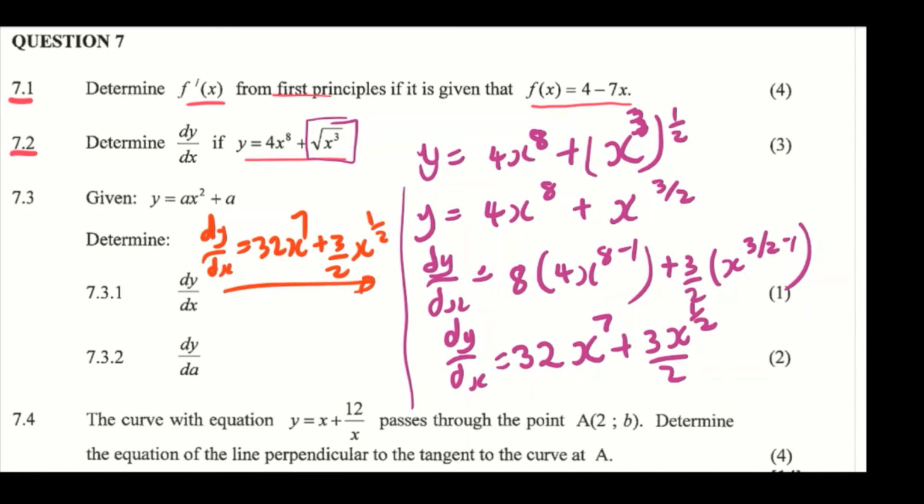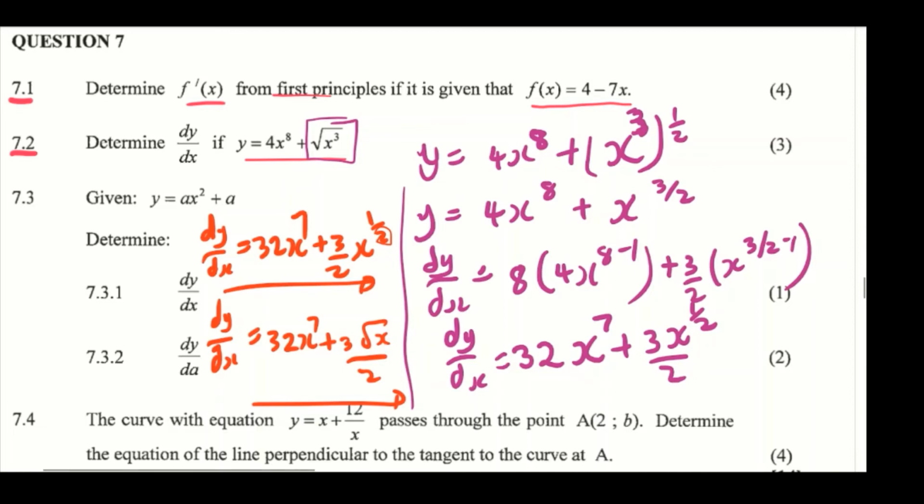So this is the final answer, but if you don't want to write it like this, you can just say dy over dx equals 32x to the power of 7 plus 3, square root of x, because this is a 2 at the bottom, divided by not the entire thing, but just this one divided by 2, right? So this is the final answer of this problem here.